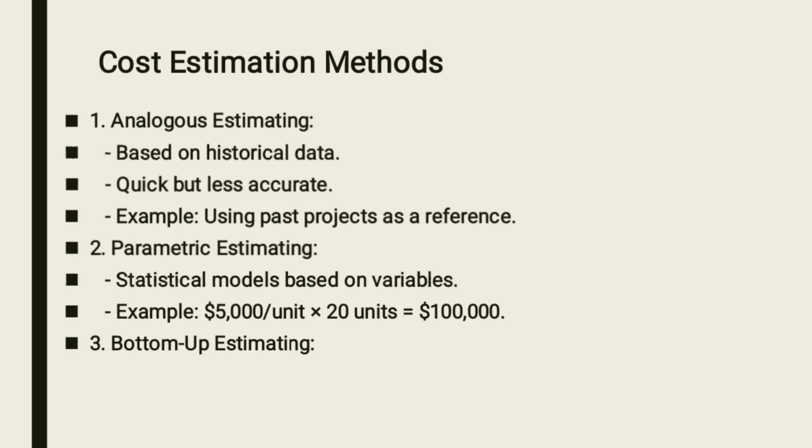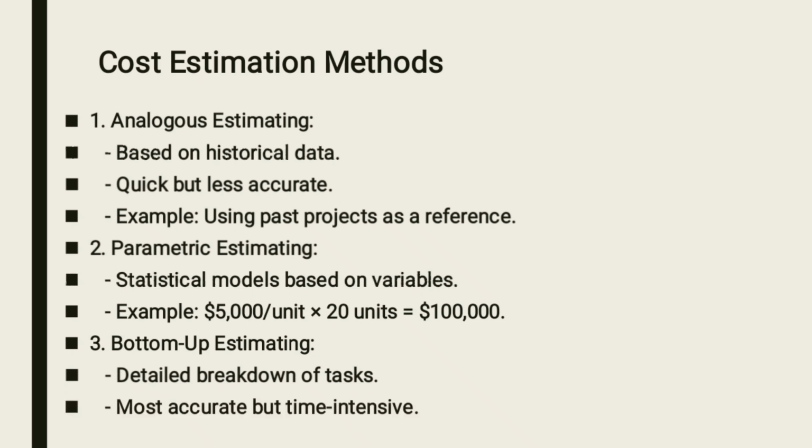Another cost estimation method is bottom-up estimation. On bottom-up estimation, you make a detailed breakdown of tasks. You try to understand the whole of your project, then you break down each and every task on its own, and to each task you assign a small budget.